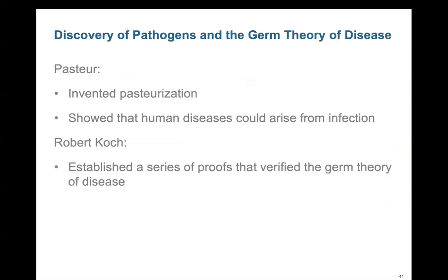Pasteur invented pasteurization, along with many of his other impressive contributions. And he also showed that human disease could arise from infection. And again, Robert Koch established a series of proof that verified the germ theory of disease, meaning that specific microbes can cause disease.